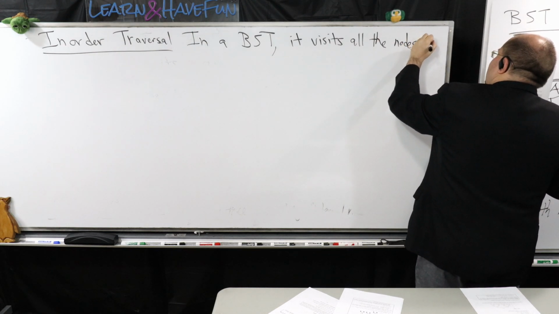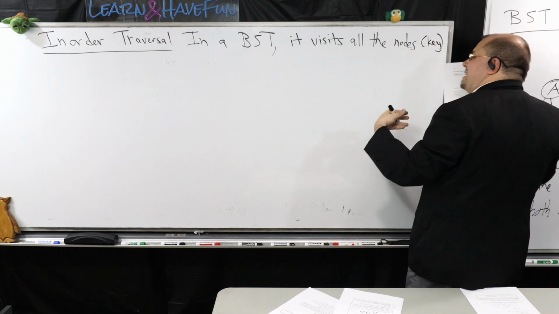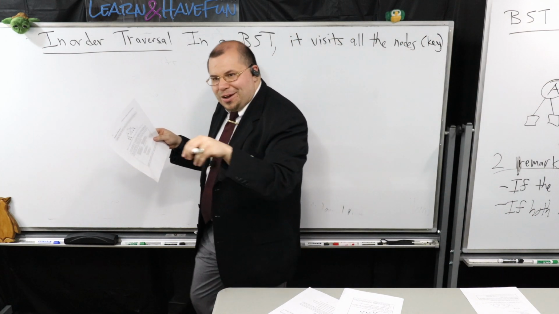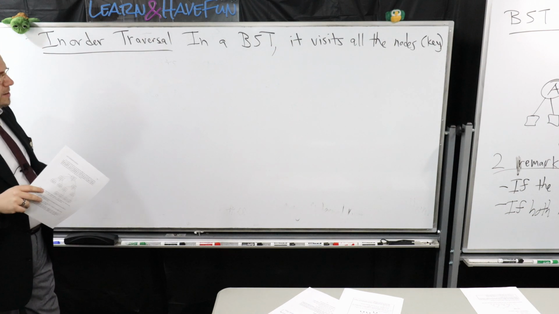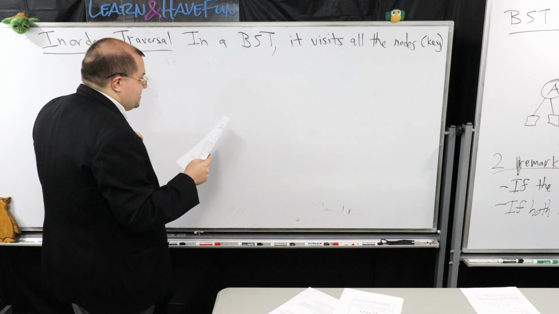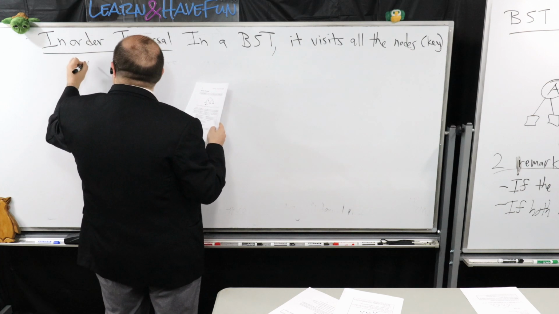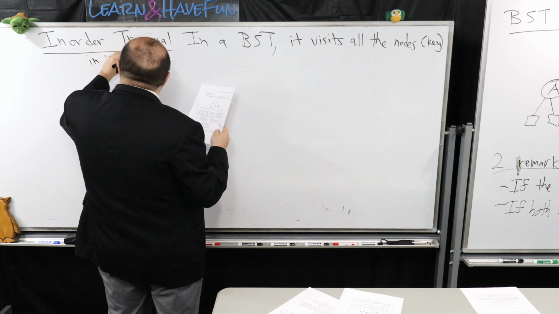Usually when we talk about this, we don't care a whole lot about the leaf nodes, but sometimes it's helpful to have that information for certain applications. But we're going to focus on the keys, in increasing order.